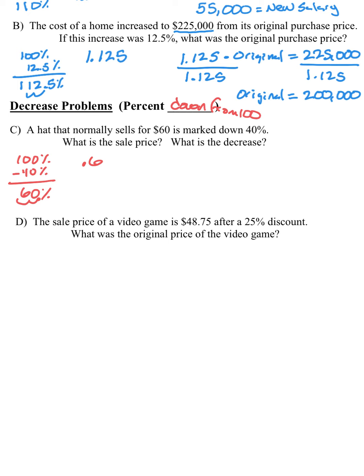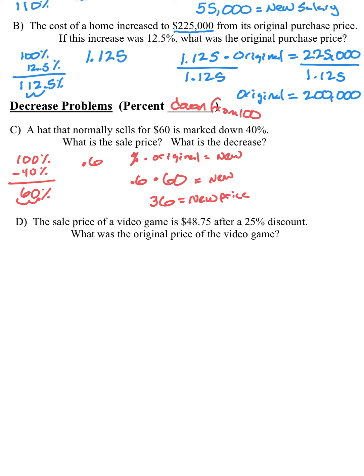So just like before, the basic formula we're following is percent times the original equals the new. All right, so our percent is really 0.6. It says normally sells for $60, so that's the original price. So times 60 equals our new price. So we do 0.6 times 60, and we get 36 equals the new price.